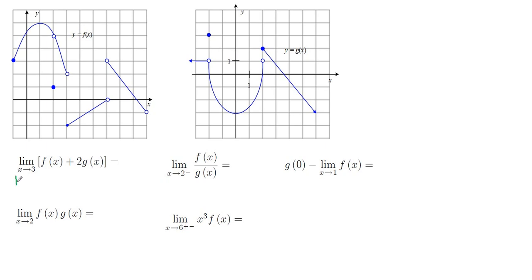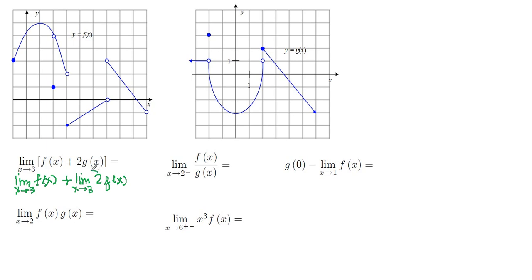So by the limit laws here, that's equal to the limit of f of x plus the limit of 2 times g of x, and these are both as x approaches 3.